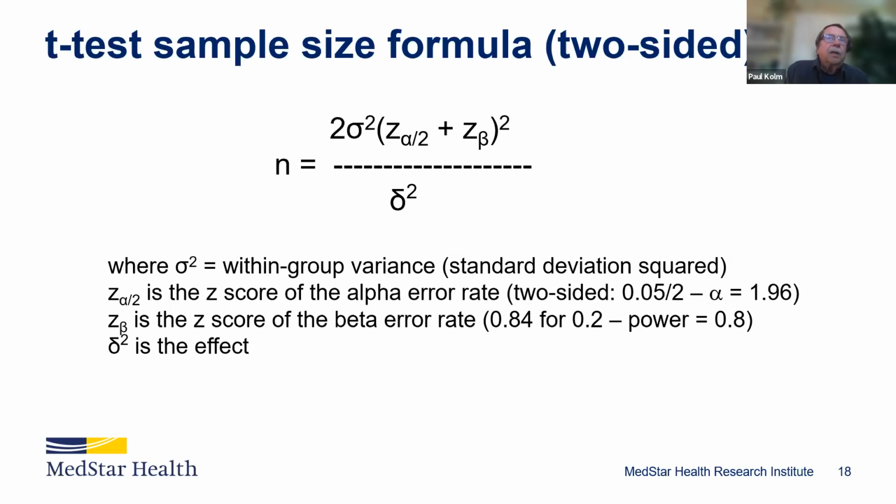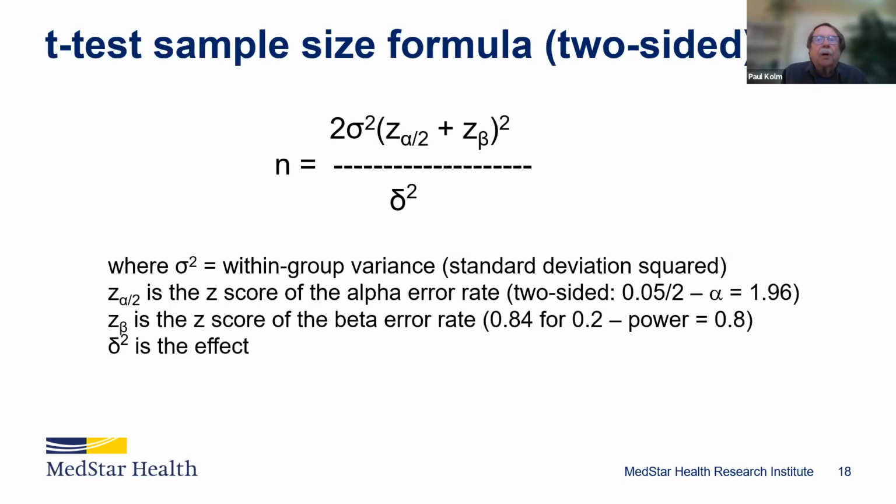If we want to do our test at the 0.05 level, then that's 0.05 divided by 2, and it turns out that's a normal distribution value of 1.96, or essentially 2. Then the Z sub beta, that's the beta error rate.